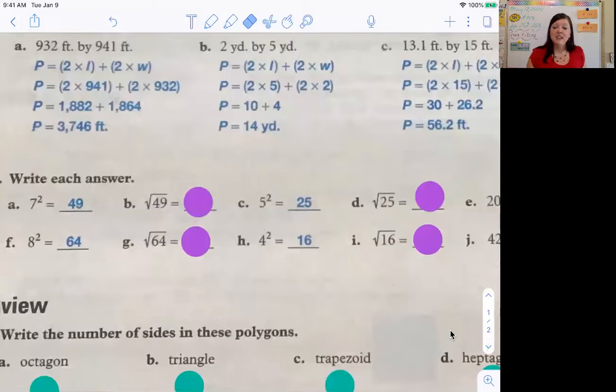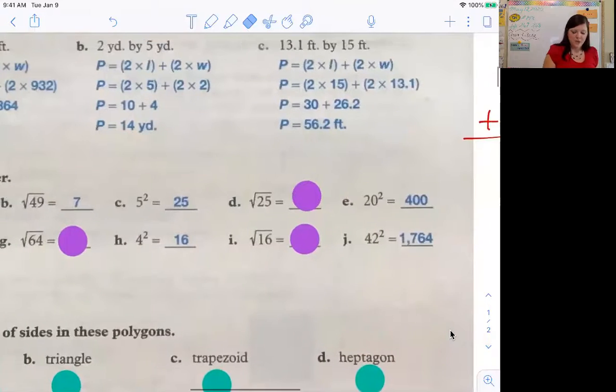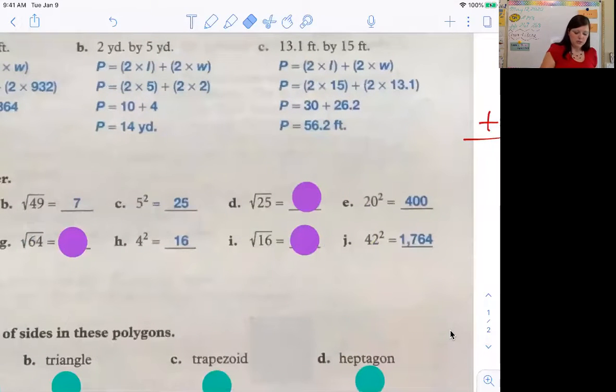64. Now let's do the opposite of squaring, which is finding the square root of something. Letter B, the square root of 49 equals 7. Go to D. The square root of 25 equals 5, because 5 times 5 equals 25.